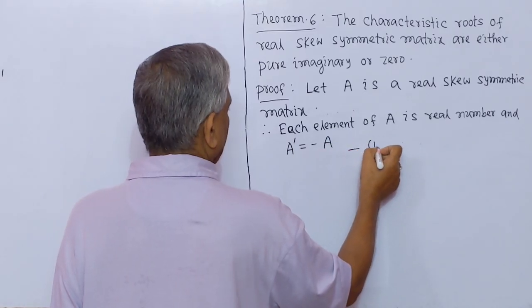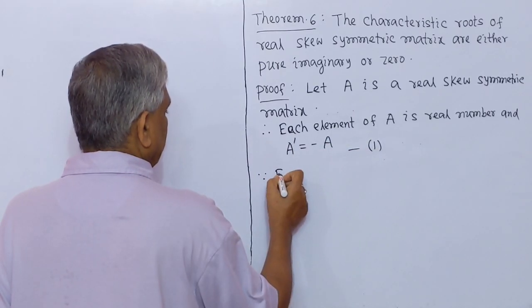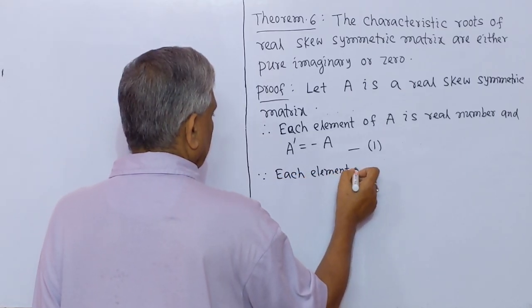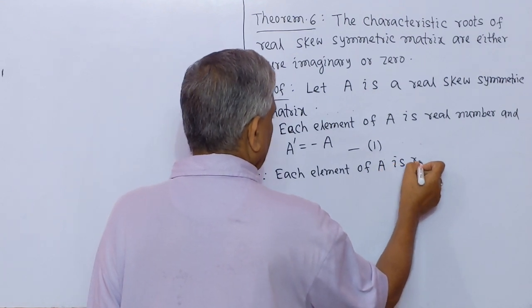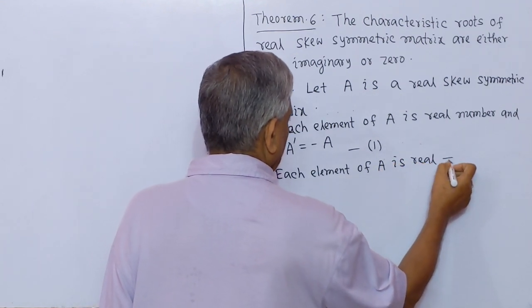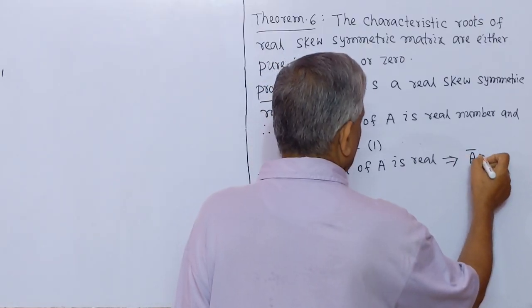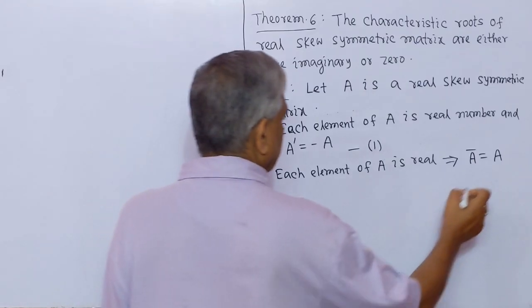This is number 1. Since each element of A is real, it implies that the conjugate of A = A. This is number 2.